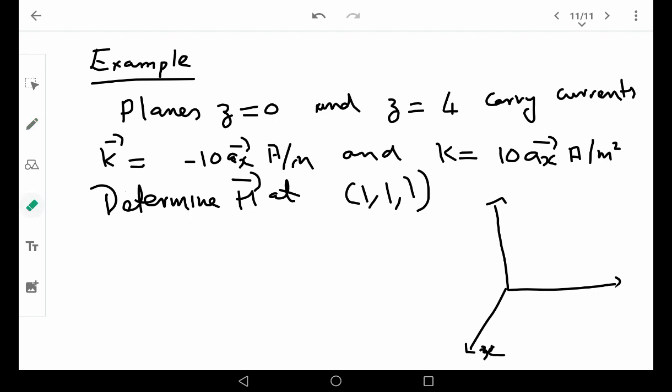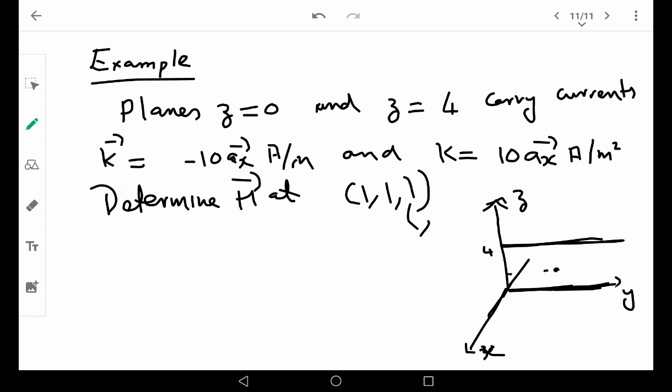You have a plane of z equal to 4, and the point is (1, 1, 1), which has z value 1, so that point comes somewhere here between the planes.